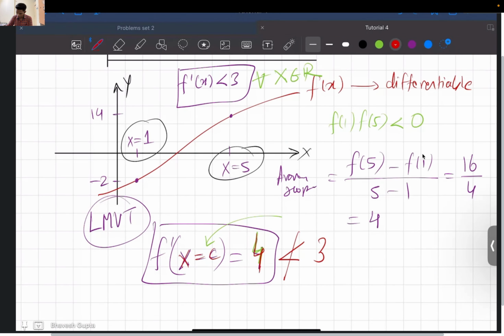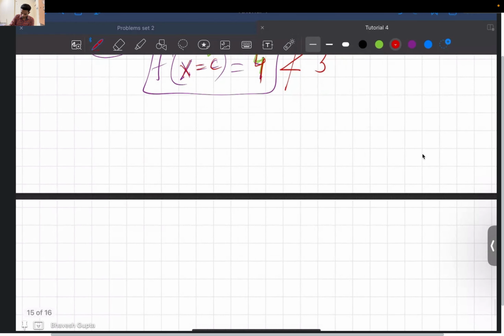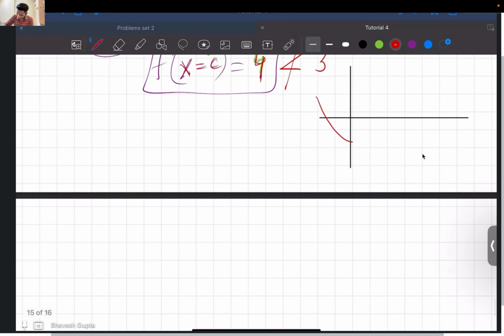If you don't remember, I can make you recall that an inflection point is basically the point at which the concavity of a curve changes. For example, let's say we have this particular curve, and I am calling this particular point an inflection point, because at the left the concavity is different.